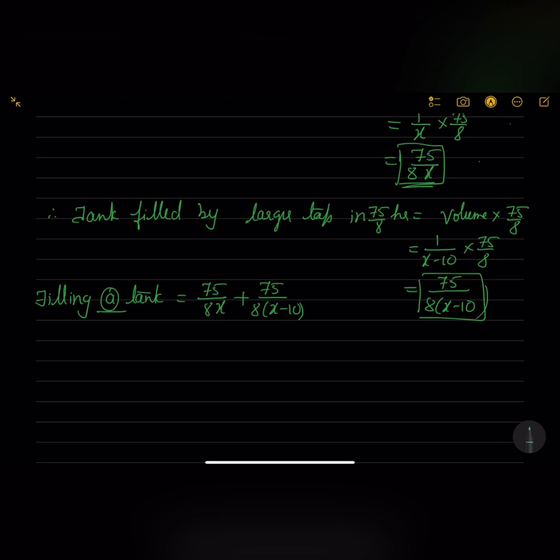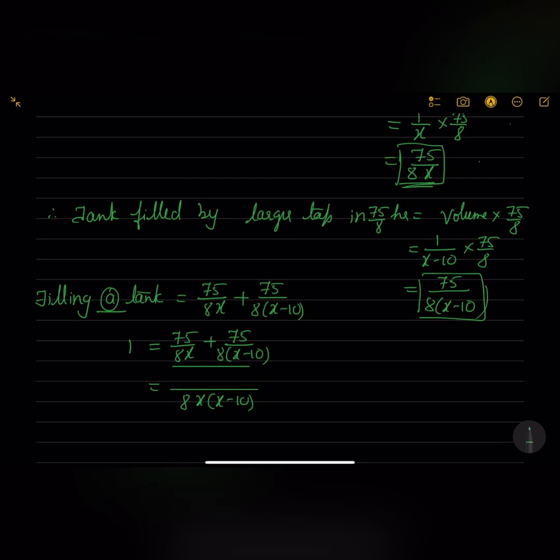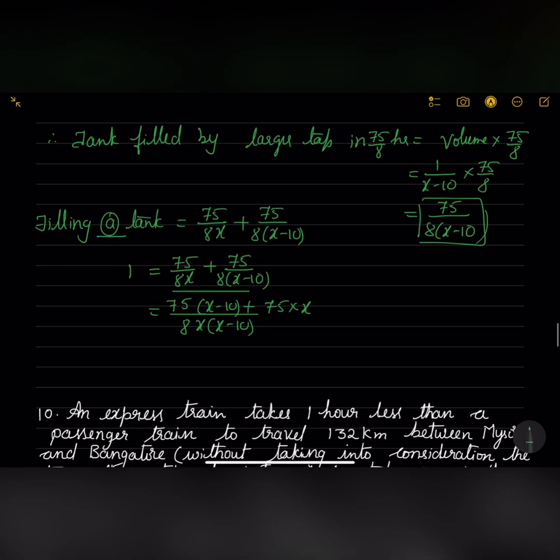Filling a tank is 1. So 1 is equal to 75 by 8x plus 75 by 8 into x minus 10. If we take the LCM, it will be 8x into x minus 10, and we will get 75 into x minus 10 plus 75 into x.